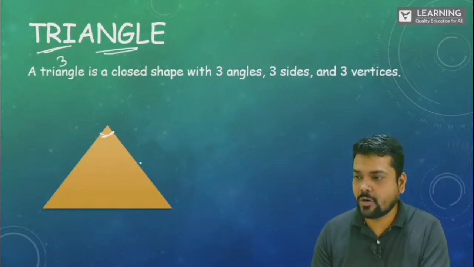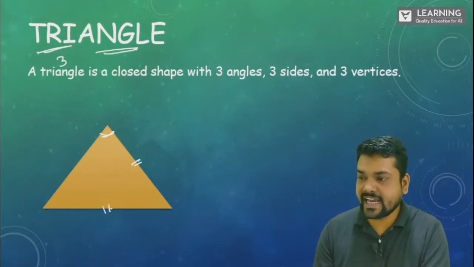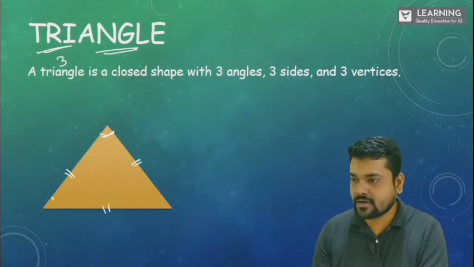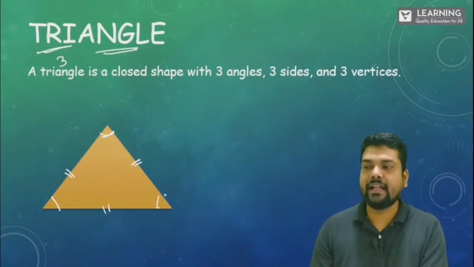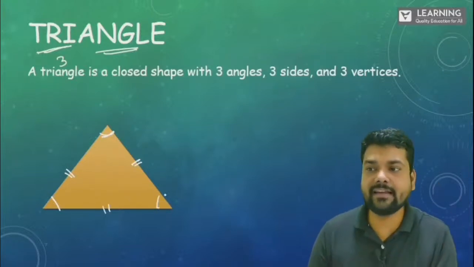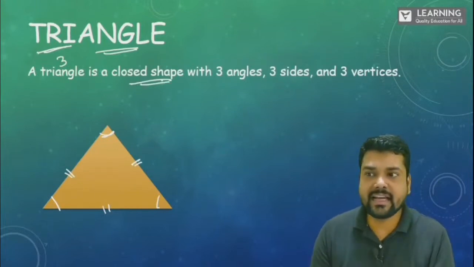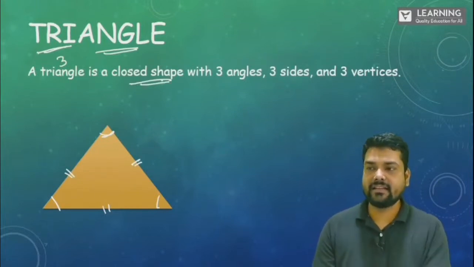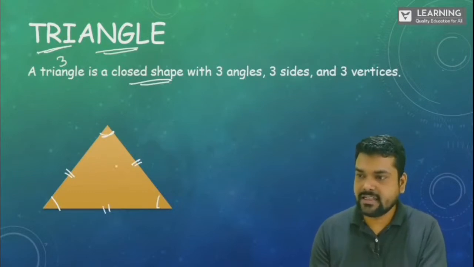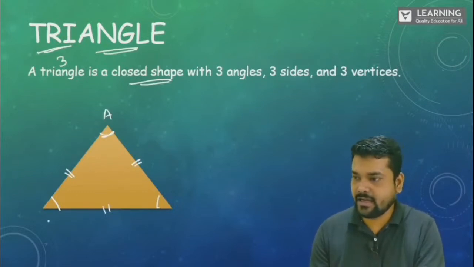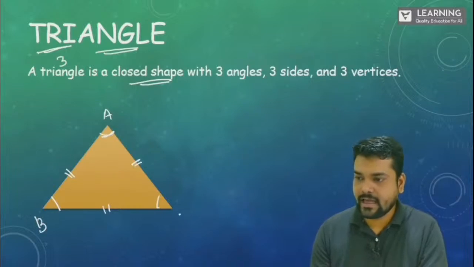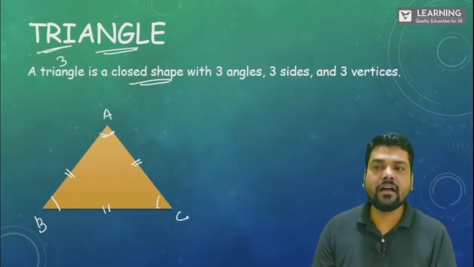It has 3 sides, and that is the reason why it has 3 angles, and that is the reason why it is called a triangle. A triangle is a closed shape with 3 angles, 3 sides and 3 vertices. The vertices are A, B and C.